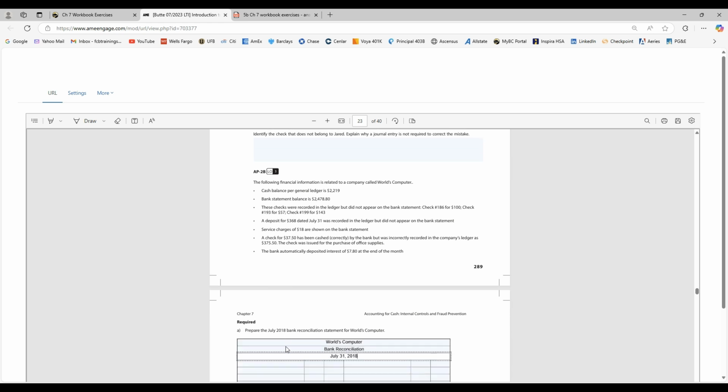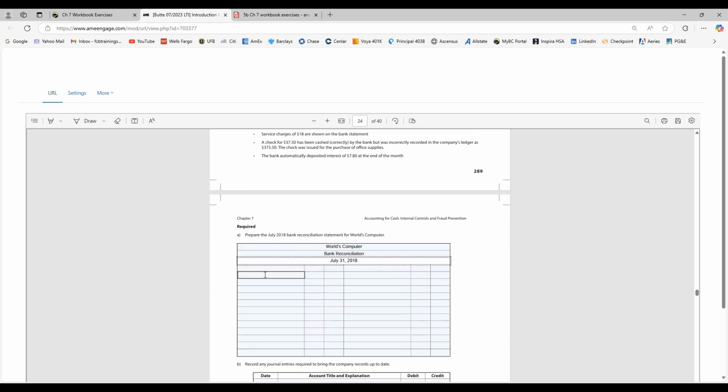Yeah, it was July 2018. Okay. So the first thing we want to do is set up the two balances that we're reconciling: cash balance per bank statement and cash balance per books.